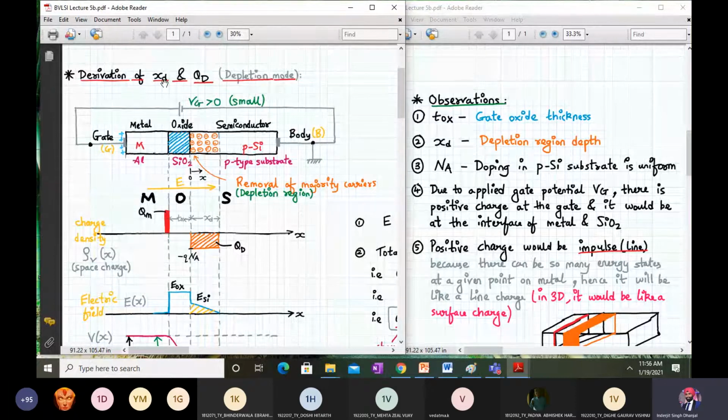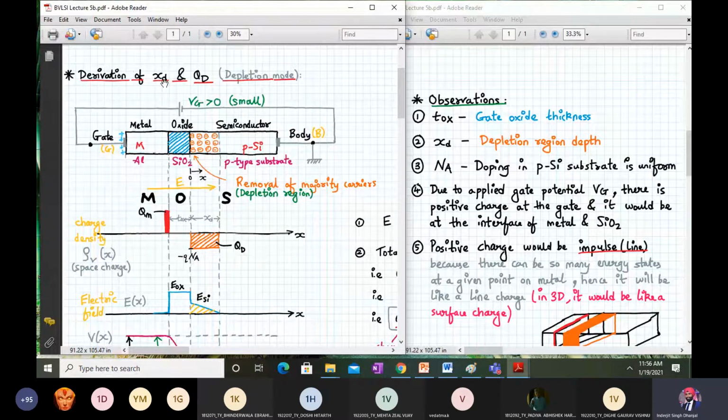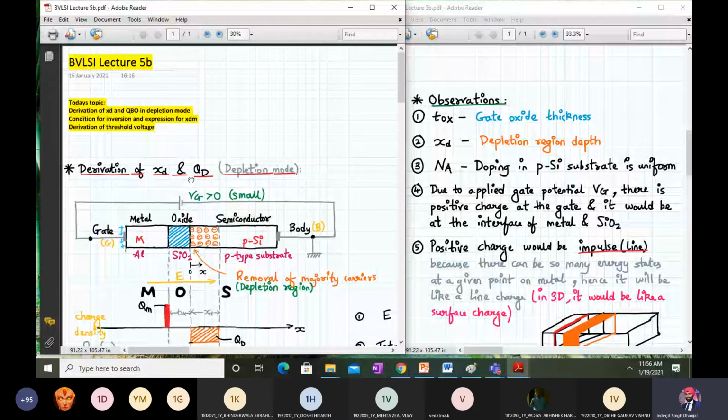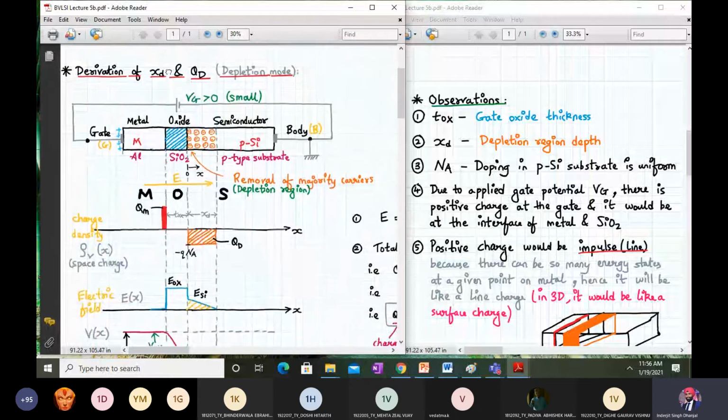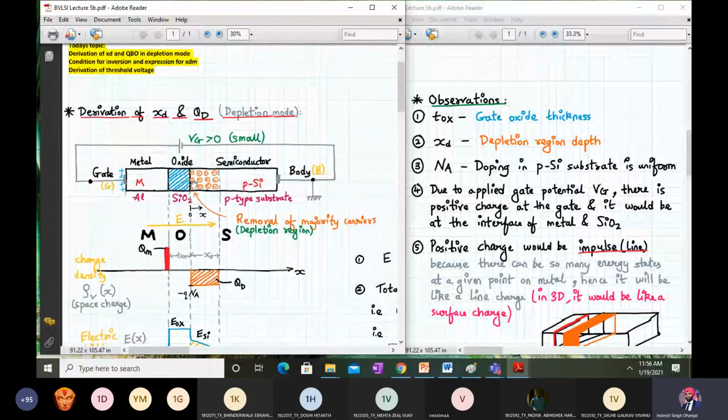We need to determine the amount of charge and how much distance this charge is spread out. We will derive the expression for XD and QD, then apply the inversion condition and see how this changes. At the end, we will also derive and define the threshold voltage.